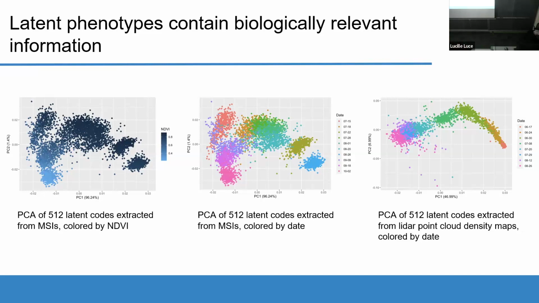I was wondering if you tried training the autoencoder to look for heritability. What you do is you train it not on the same row, you give it the paired replicated row in the other plot, and build the embedding space based on that. Yeah, that's a great point.